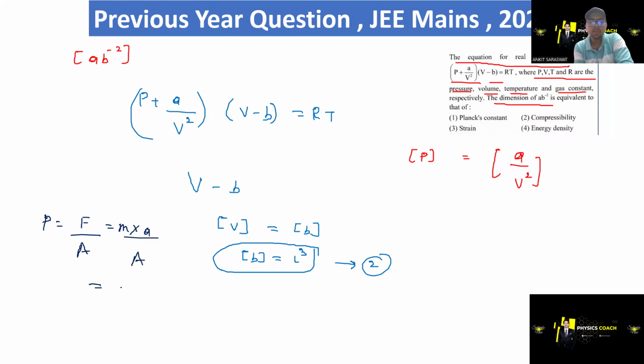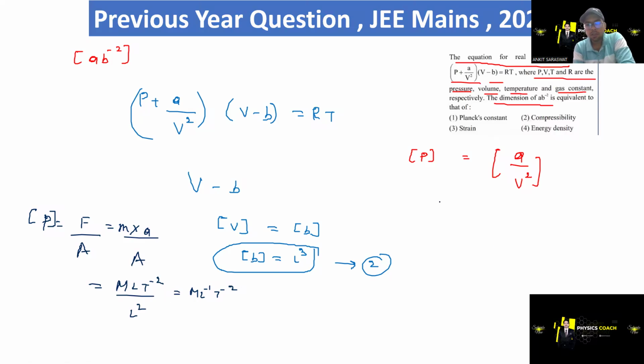Acceleration is velocity by time, and velocity is displacement by time, so acceleration is LT⁻². Area is L², so pressure comes out to be ML⁻¹T⁻².